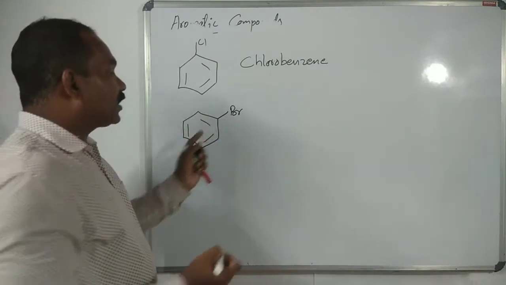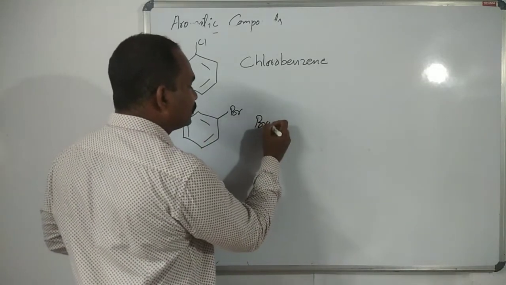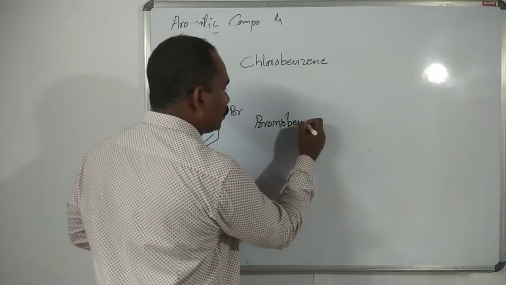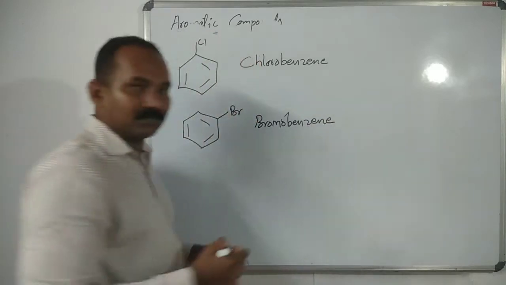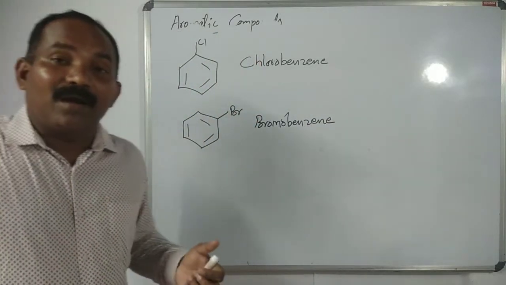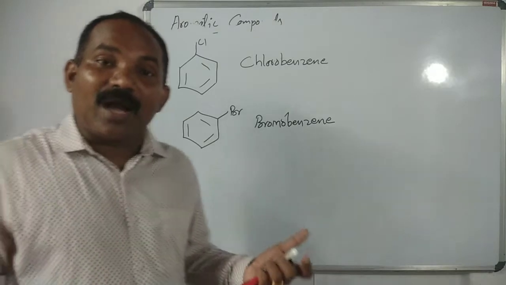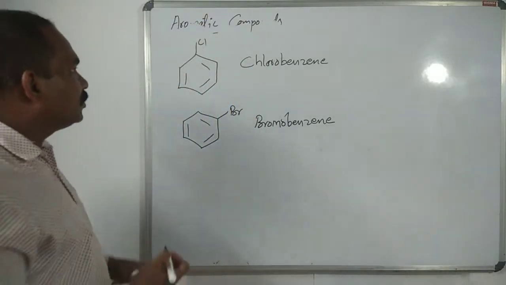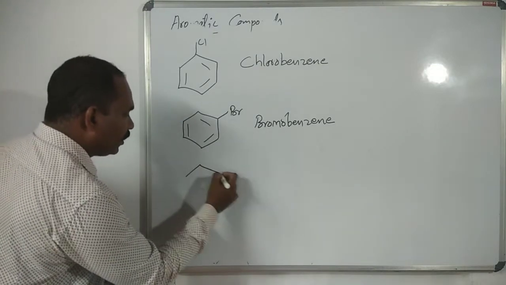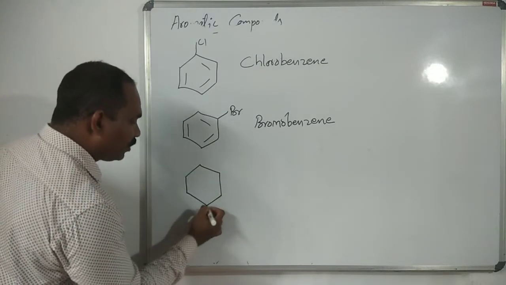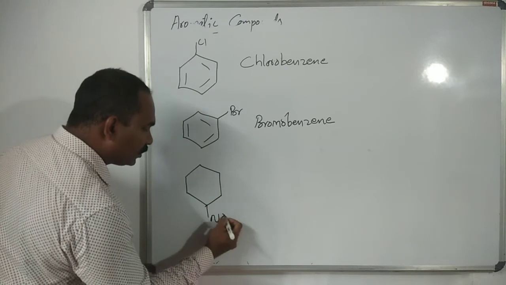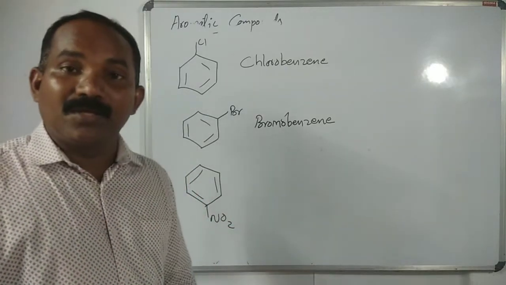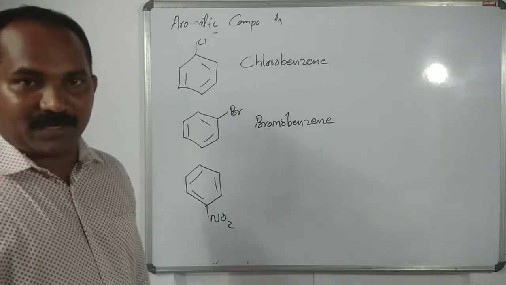So Br comes, it is bromobenzene. If iodine comes, iodobenzene; fluorine comes, fluorobenzene. Then when a nitro group comes, wherever the functional group comes, all the carbon atoms are identical, so no need to write the position.